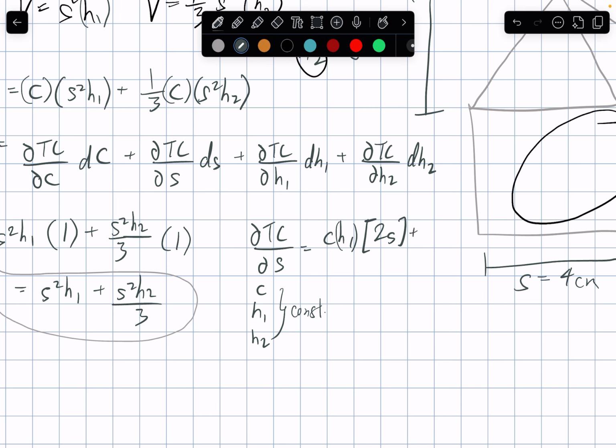That's it. Next, 1/3 C H2, S squared becomes 2S. Simplify: 2C S H1 plus 2S C H2 over 3.